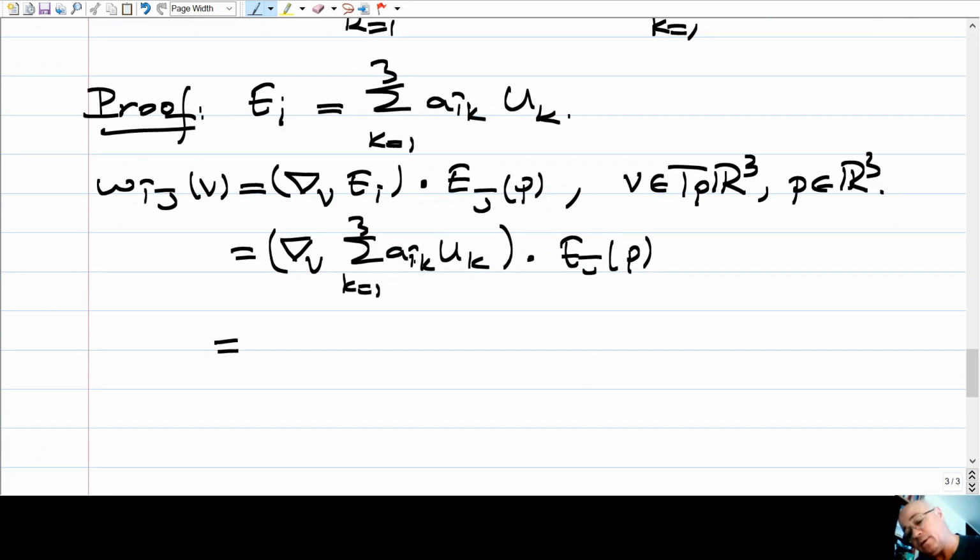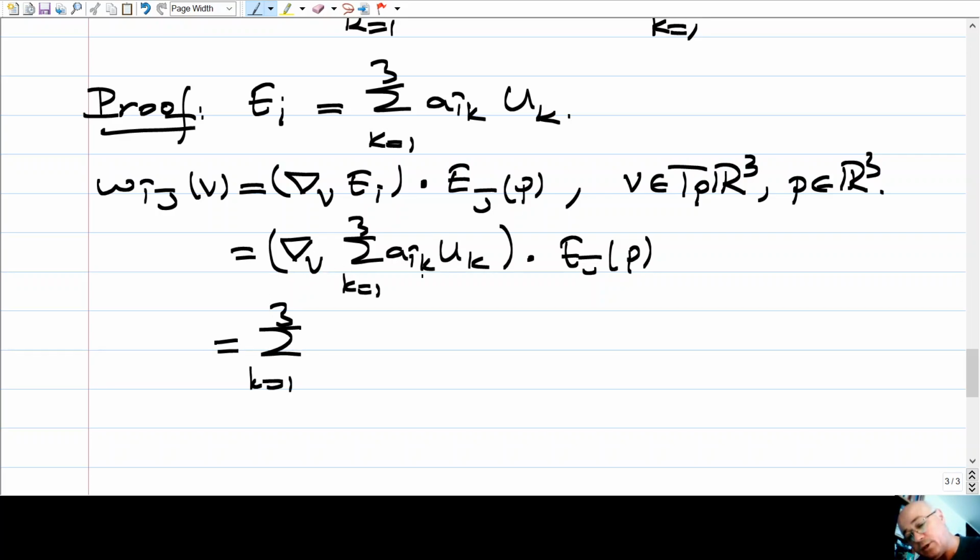Well, what is this? These are functions, these are elements of the standard frame field, which are constant frame fields, right? This is a constant frame field. And here I apply the Leibniz rule, of course.